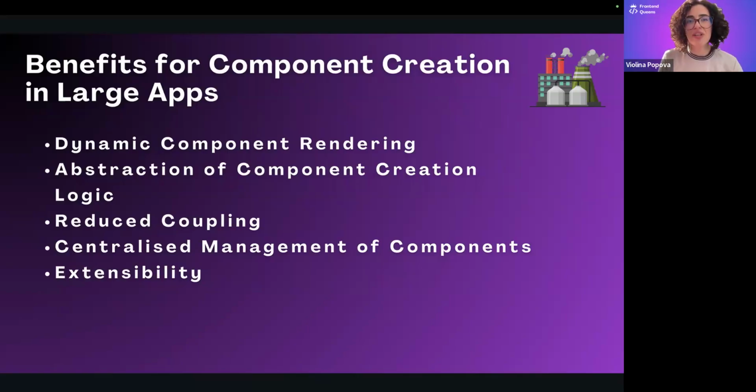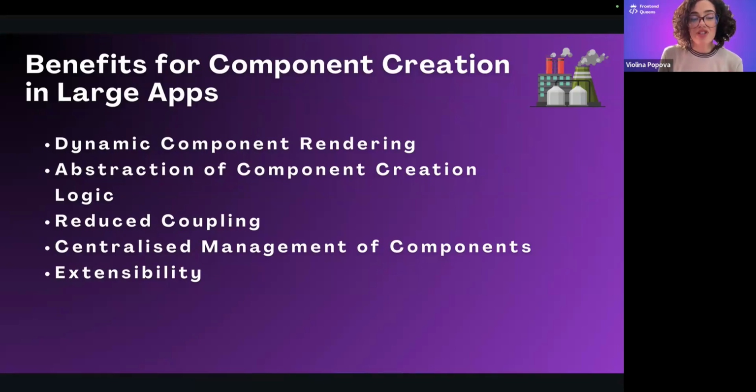In large applications, you often have scenarios where you need to render different types of components based on data, user roles, or certain conditions. A factory can centralize the logic for deciding which component to render and how to instantiate it. As an example, a dashboard that displays various widgets, charts, tables, text blocks based on configuration data. A component factory can take a widget type and return the appropriate React component.